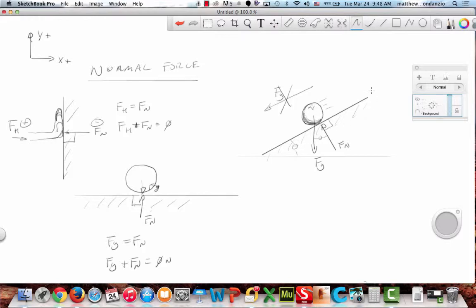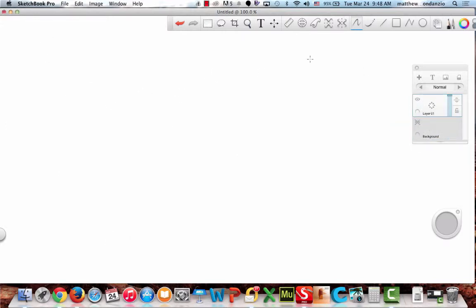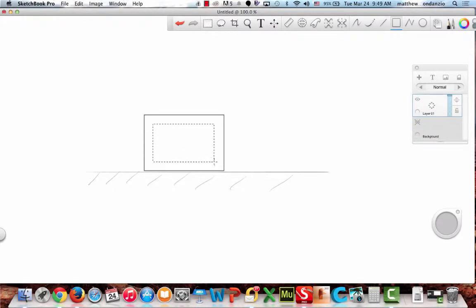Okay. All right. Let's do some actual work here. Let's set up a basic example. I'm going to have my crate sitting on the ground.